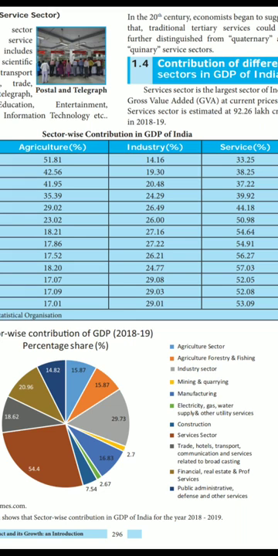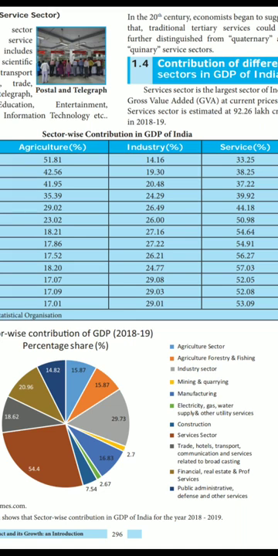And trade, hotels, transport, communication and service related to broadcasting, how many percentage? 18.62 percentage. Next, financial, real estate and professional services. For that, how many percentage? 20.96 percentage. And public administration, defense and other service, 14.82 percentage.